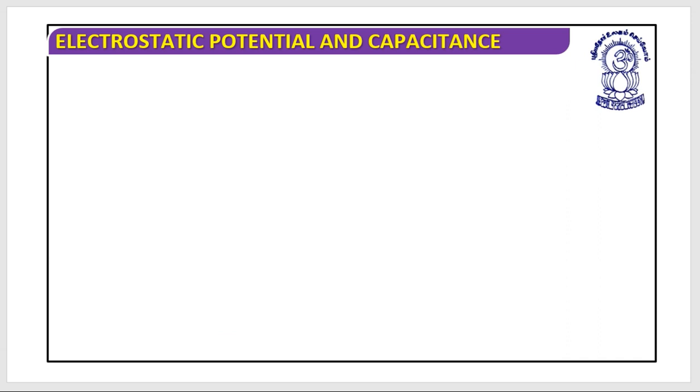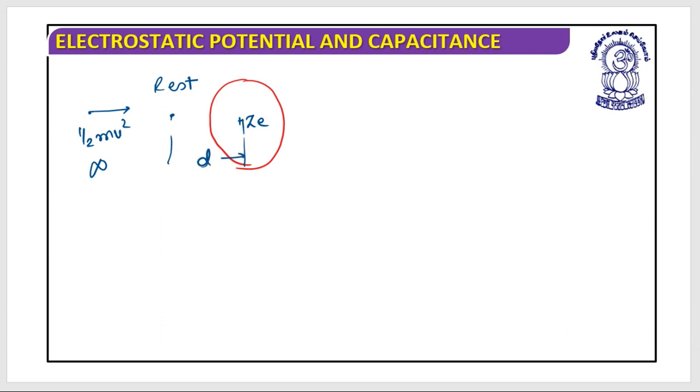Let's have a rough sketch one more time. This is the plus Ze charge, and this is the half mv square, an alpha particle. Let's start from infinity, it reaches and comes to rest. This is the distance d, my closest distance of approach.